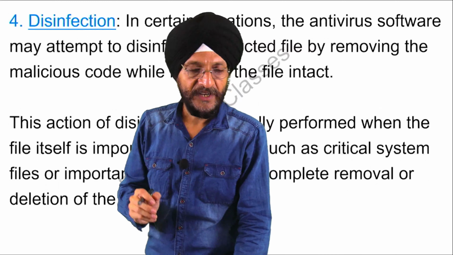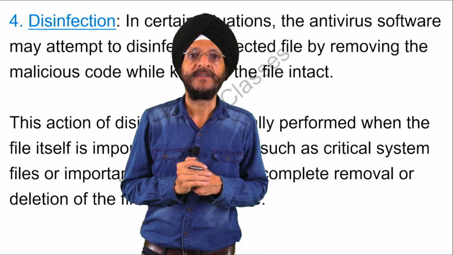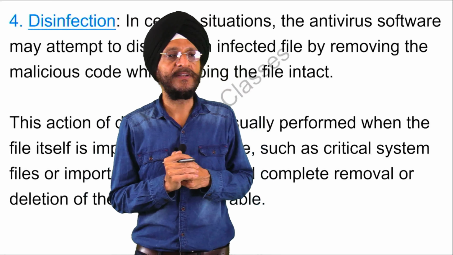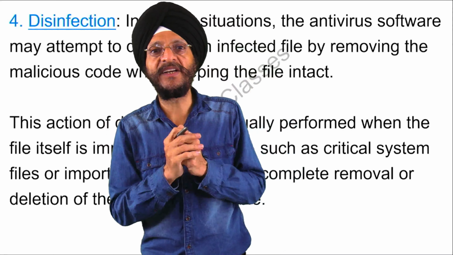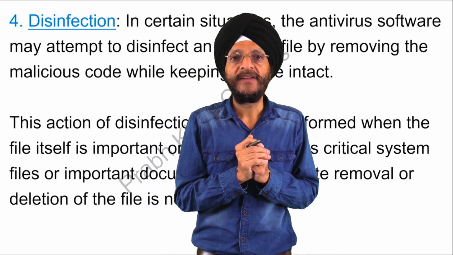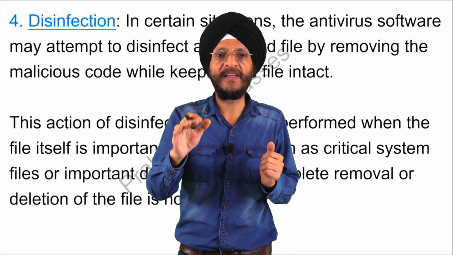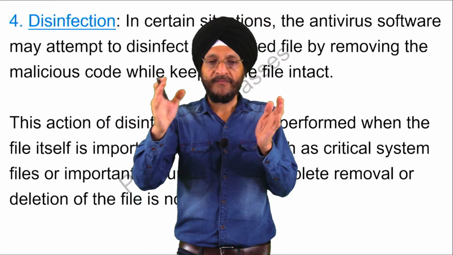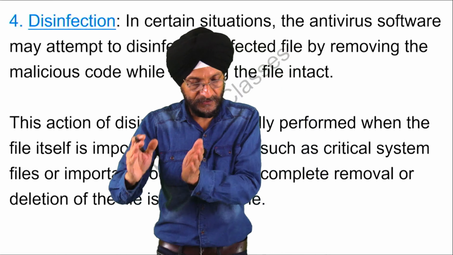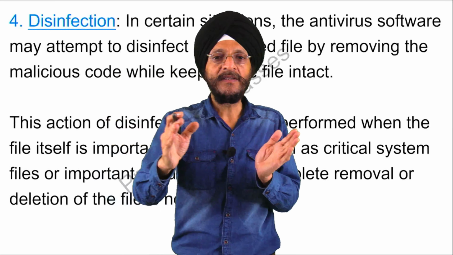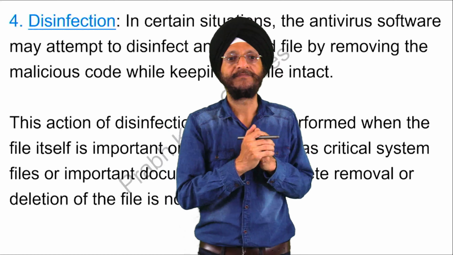Next point is disinfection. In certain situations, the antivirus software may attempt to disinfect the infected file by removing the malicious code while keeping the file intact. That is, there is some infection in the file, and the antivirus software will remove that infection from the file.